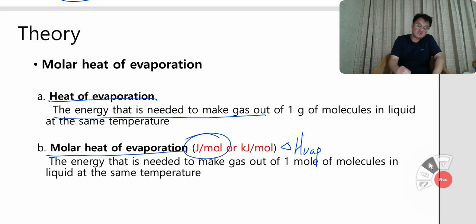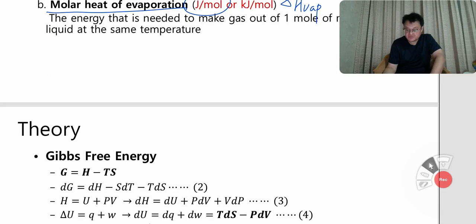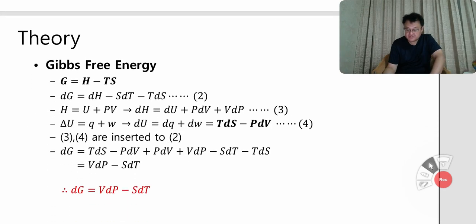The typical unit is joule per mole or kilojoule per mole. So this is the energy that is needed to make gas out of 1 mole of molecules in liquid at the same temperature. How much heat is needed for the phase transition from liquid to gas for 1 mole of a substance? That is the molar heat of vaporization for a substance or for a specific molecule.